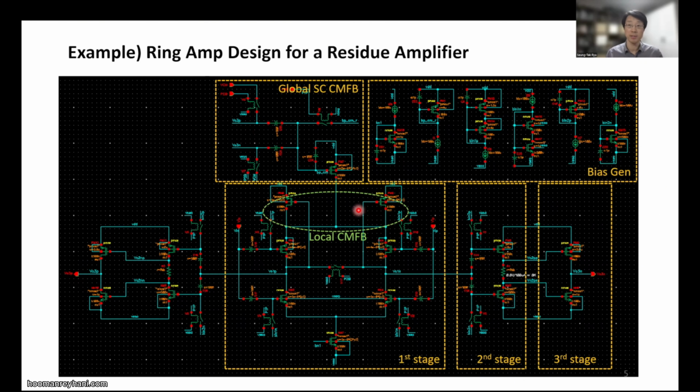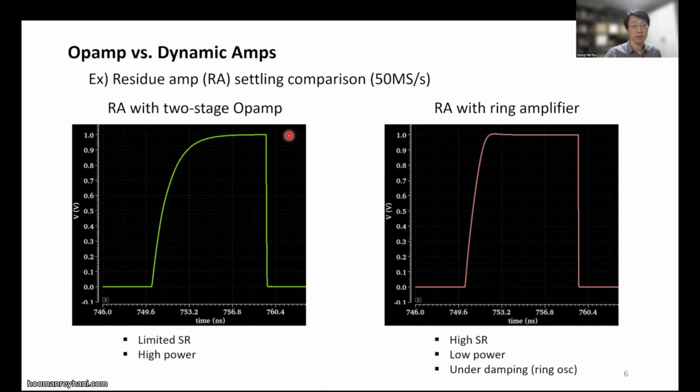Once we design a dynamic amplifier like this, we can run transient simulation by implementing it in a residue amplifier configuration. Here we compare the transient responses of two residue amplifiers, one with a two-stage operational amplifier, another with a ring amplifier.